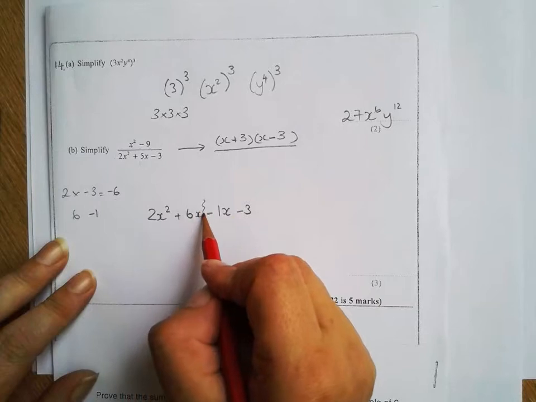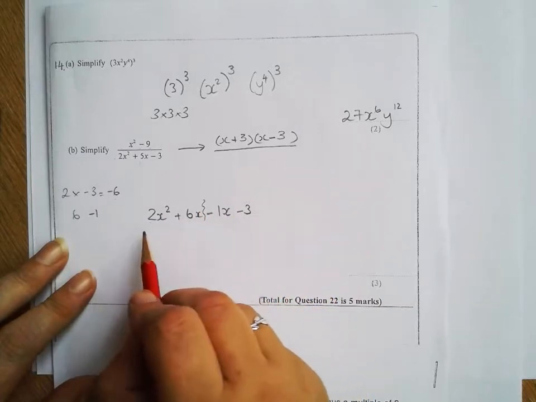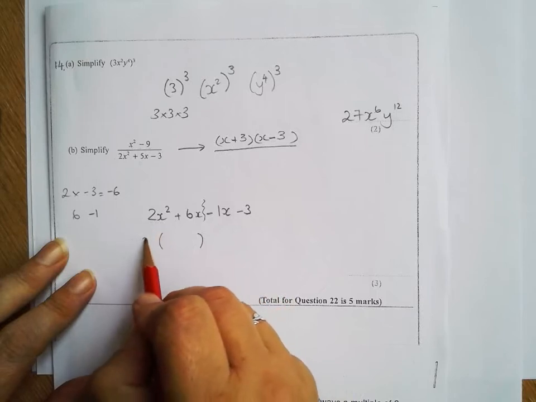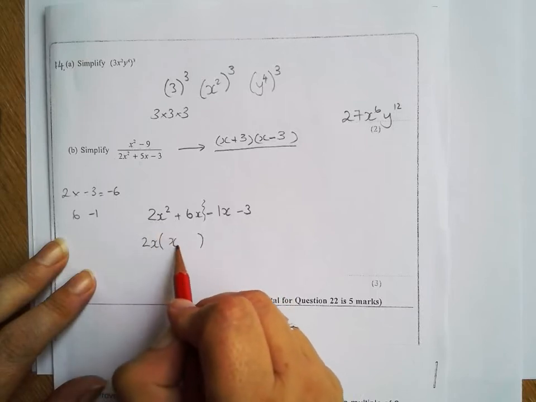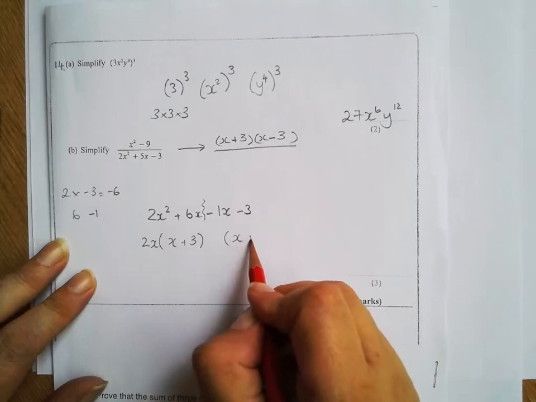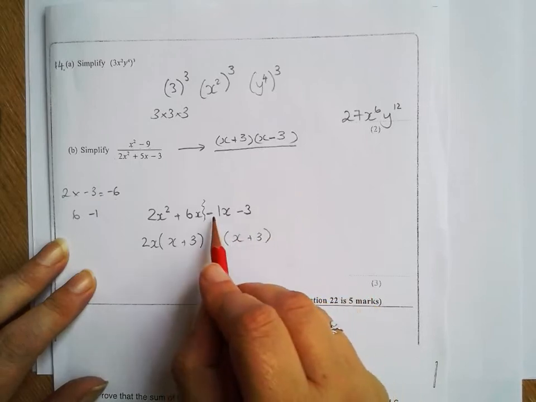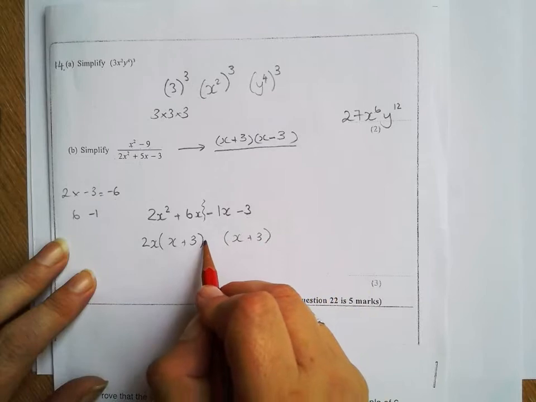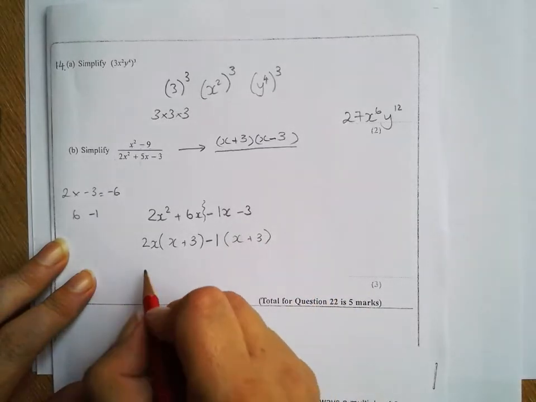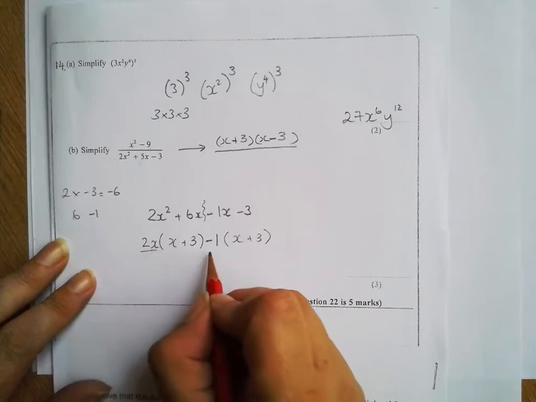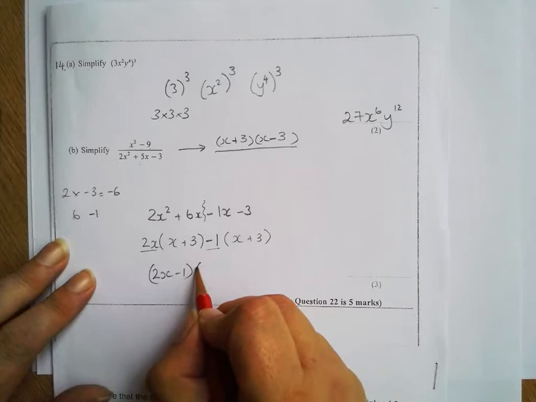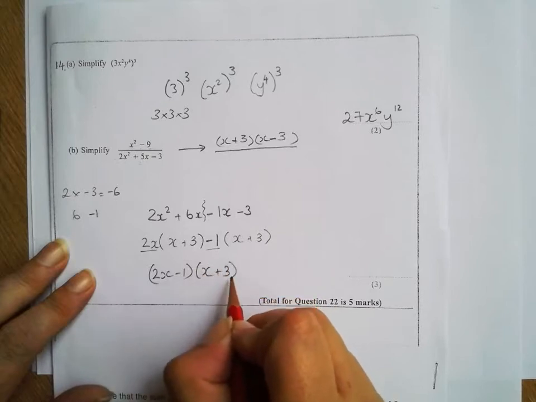Then I draw squiggles and I factorise this side into a single bracket, so I can take out a 2 and an x, leaving me with x plus 3 in the bracket. Now this bracket should be the same, so in order to make the terms negative I need this to be a minus 1. So this will complete by putting the 2x and the minus 1 into one bracket and the x plus 3 into the other.